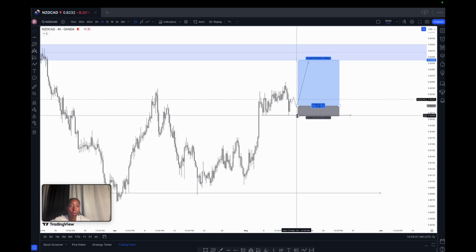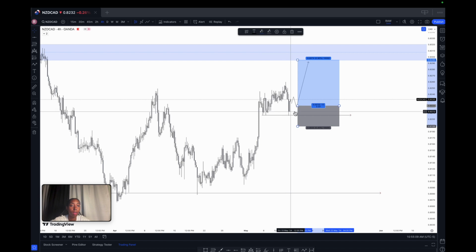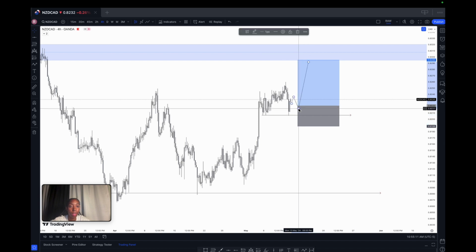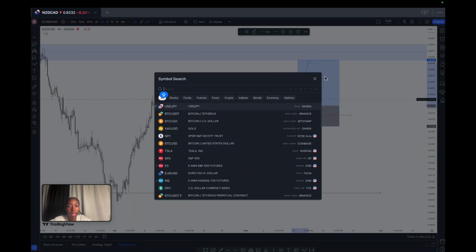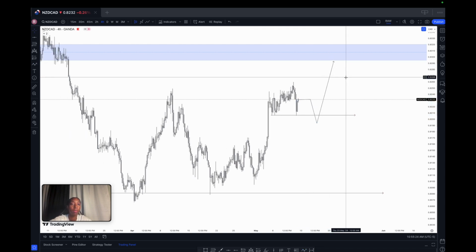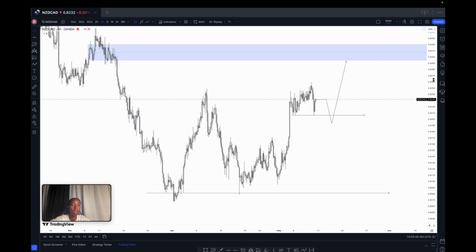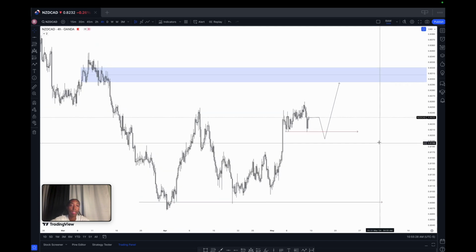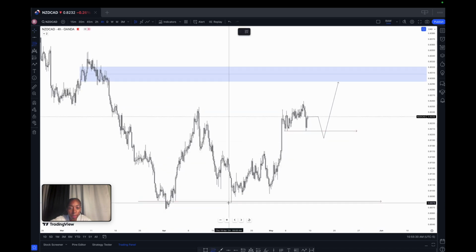But we also need to wait just to see if these lows are going to be taken out. Like Tuesday, Tuesday can print the low of the week. So what we could have is Monday do its thing, Tuesday come in, Wednesday reversal, and then we have some type of push up. So be cautious of that. But yeah, let me see if it goes to the 38.2 as well.